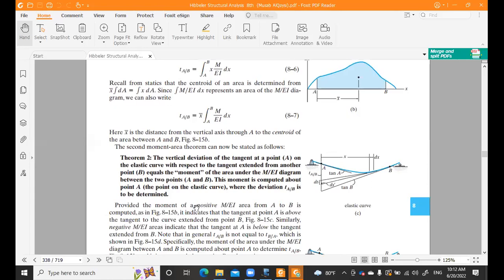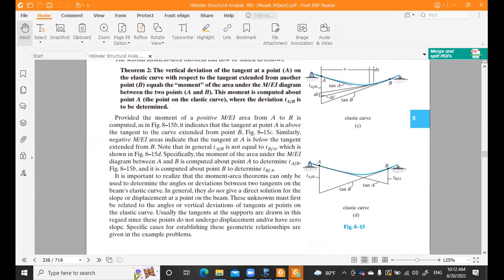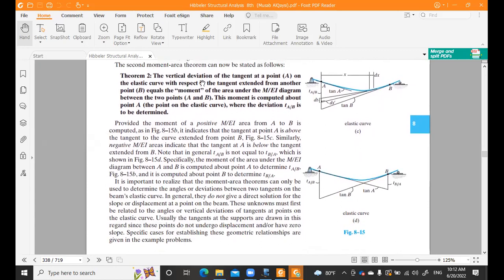So now this is the theorem, and we are familiar with that one.